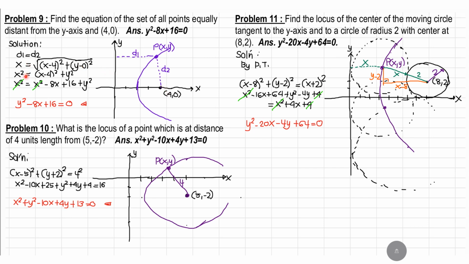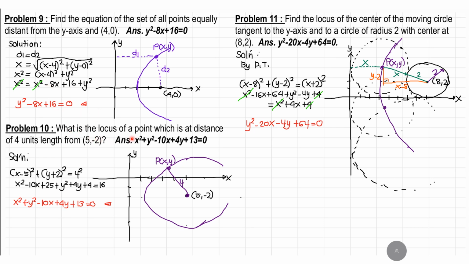Square both sides, so x square equals quantity x minus 4 square plus y square. Expand the right side: x square equals x square minus 8x plus 16, plus y square. Cancel out x square and simplify. The answer is y square minus 8x plus 16 equals 0.